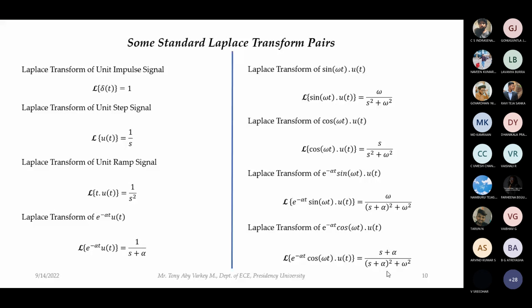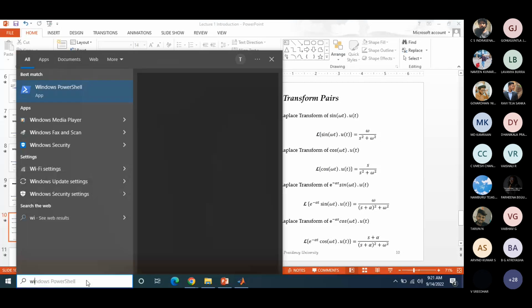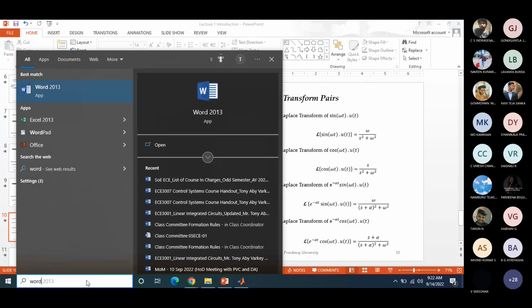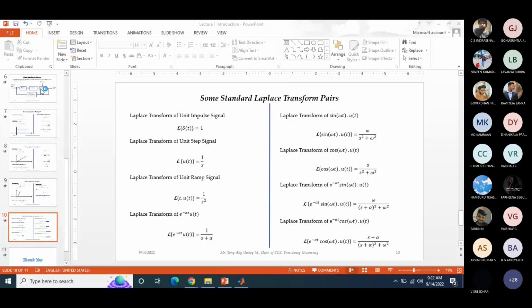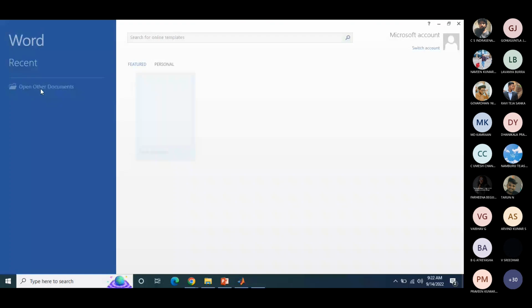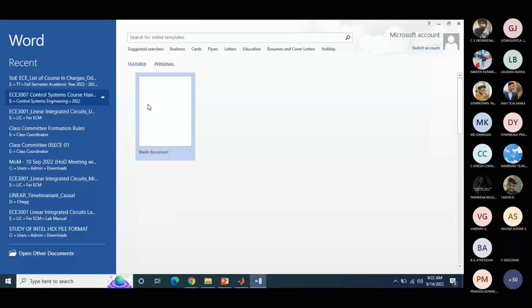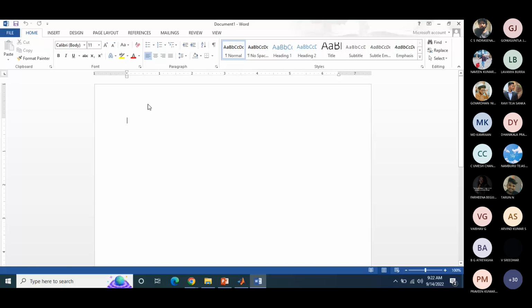Clear? If you don't know how to derive them, I will show quickly how to do it. Say, for example, Laplace transform of a signal.